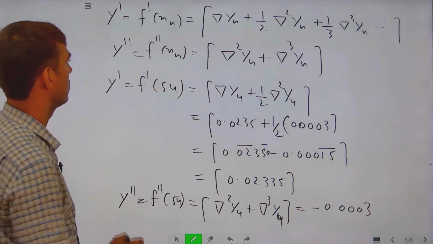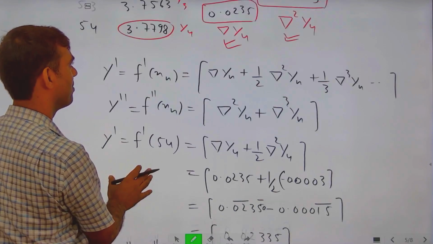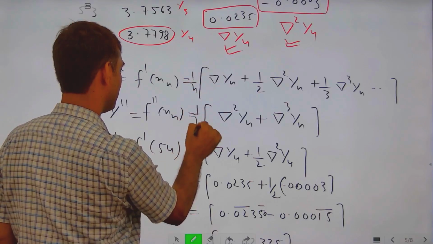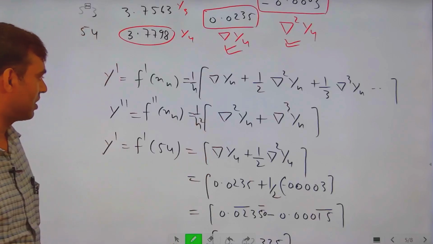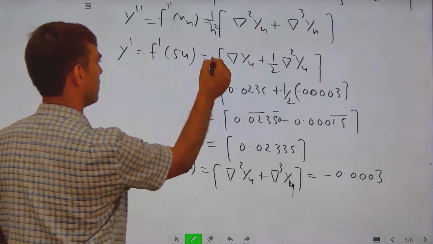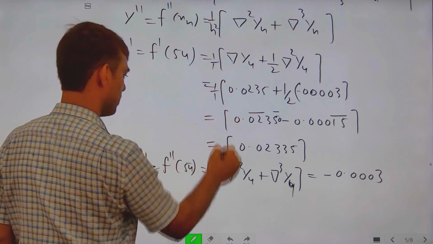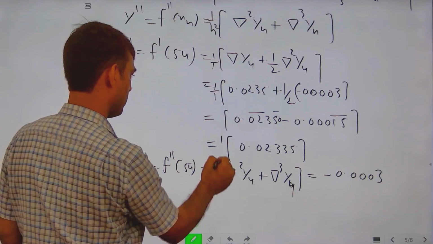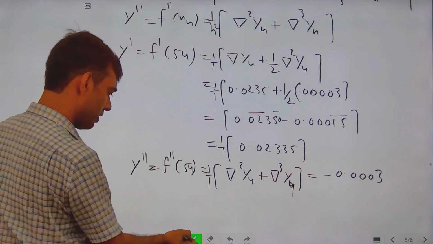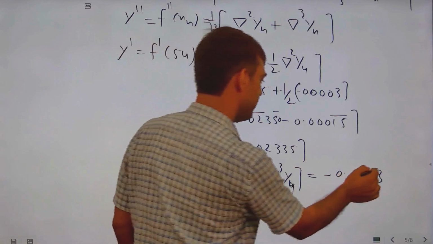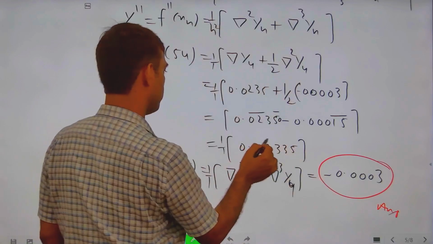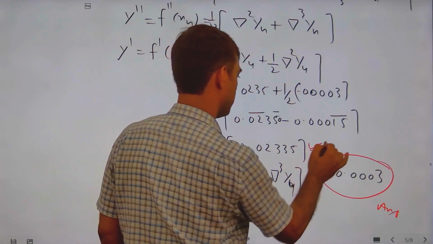I have not written the 1 by h, basically this is 1 upon h square, but since the value of h is 1, there is no effect on the answer. So this becomes the answer. The second derivative at x equal to 54 is this, and the first derivative at x equal to 54 is this.